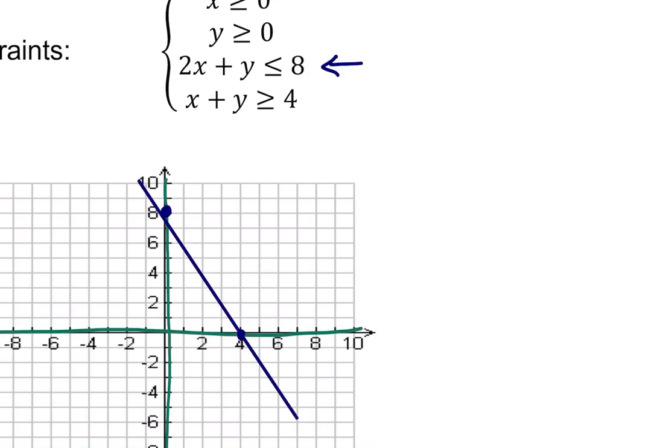And since it's less than or equal to 8, it's going to be everything below. So these three constraints are making it everything below in here.